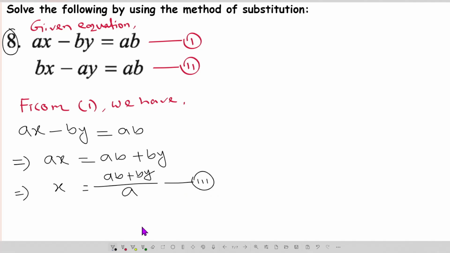Okay, so now putting x equals (ab plus by) divided by a in equation 2.